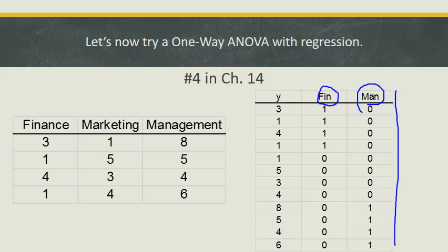And the data set will look like this after we've prepared it for regression. And I want to point out the category that is represented by all zeros. In this example, that category is marketing. I like to call this category the baseline because, as we will see, everything else is compared back to the baseline.